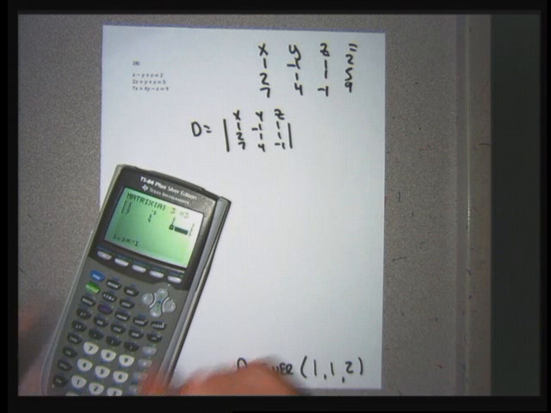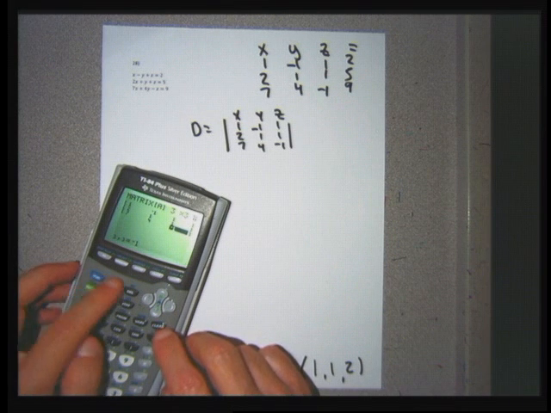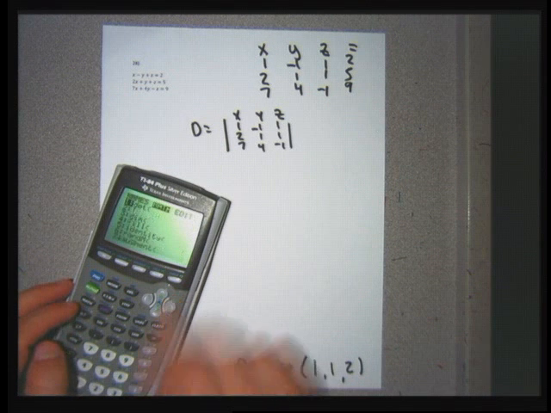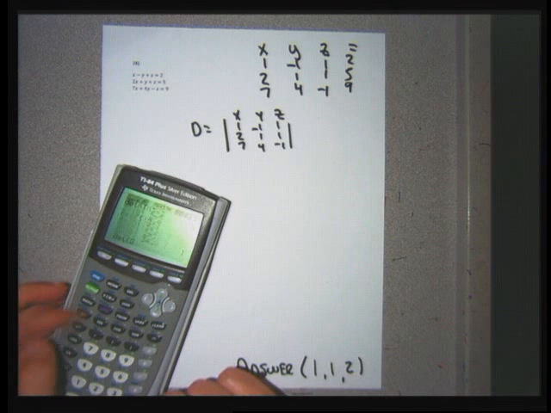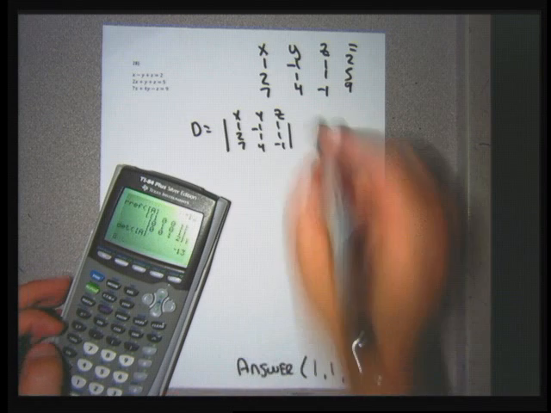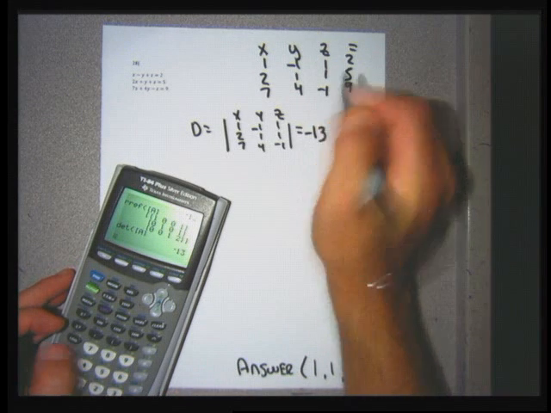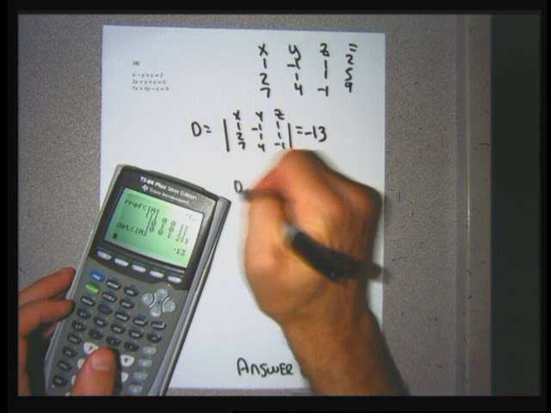Have that in properly. Second quit, second matrix, math, determinant, second matrix names A, enter. D is equal to negative 13.